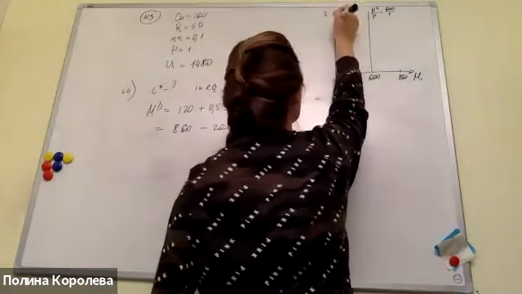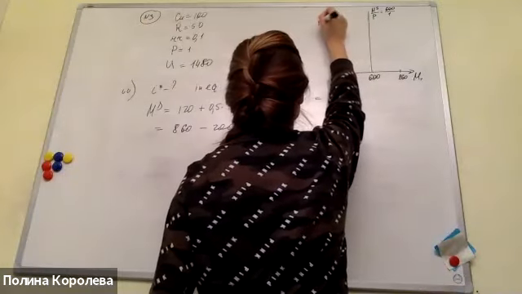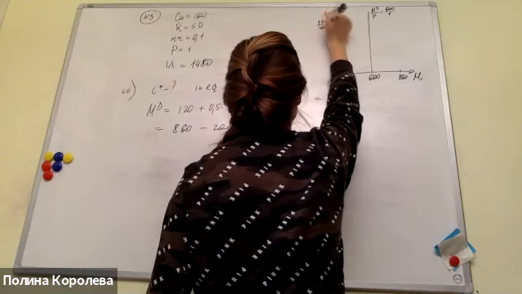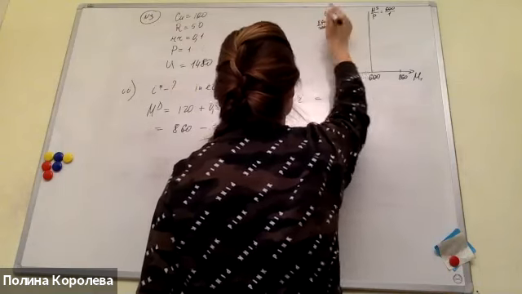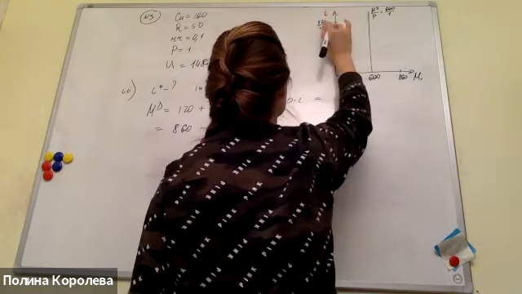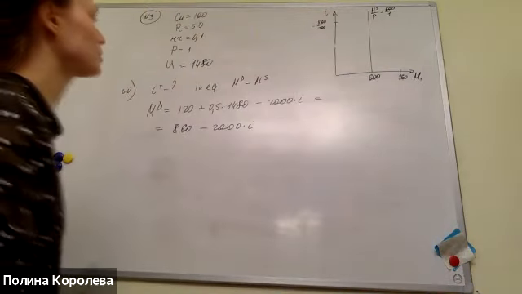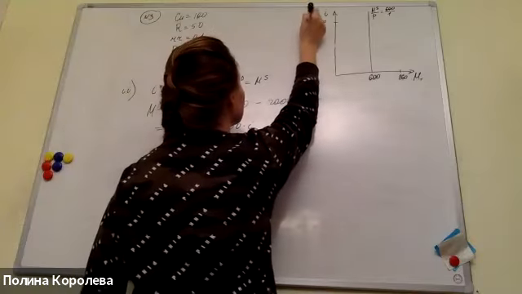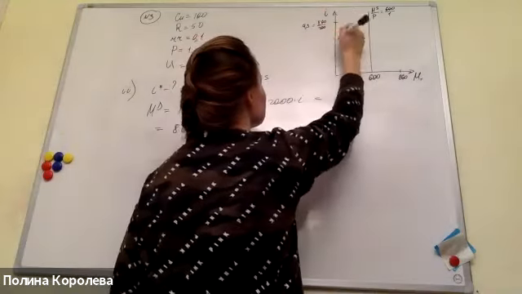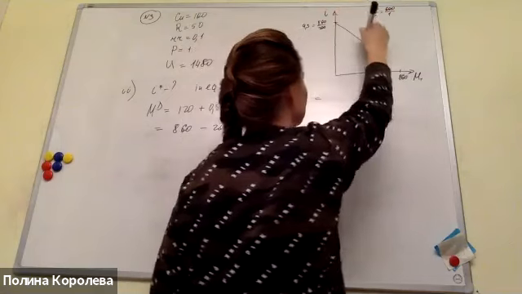I will not count it, let's put it like this. 860 over 2,000, it's 0.43. And draw a line with negative slope.